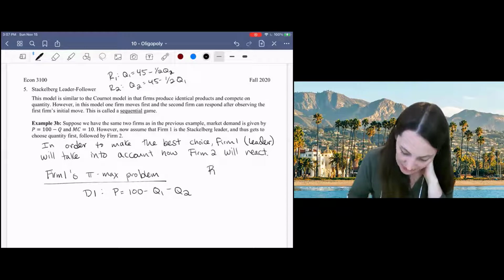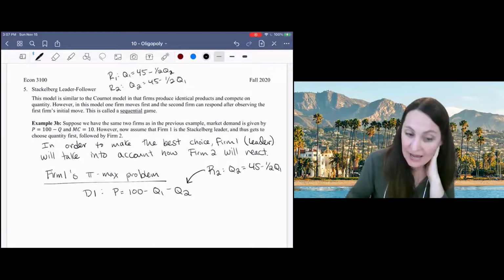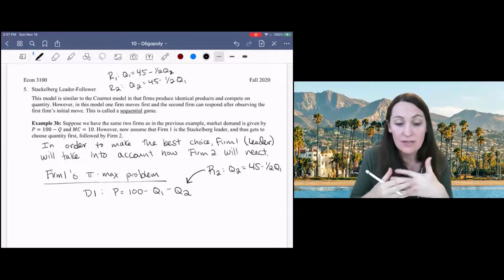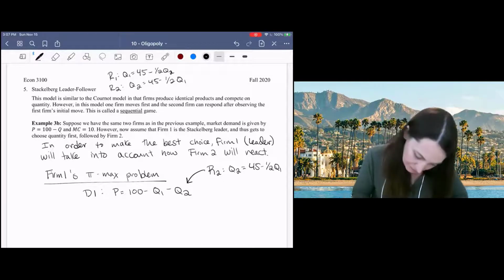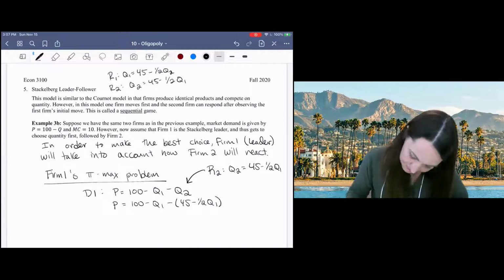So we're going to take firm two's reaction function and plug that in for Q2 so that firm one's choice reflects how they anticipate firm two to react. So that's 100 minus Q1 minus (45 minus 1/2 Q1).